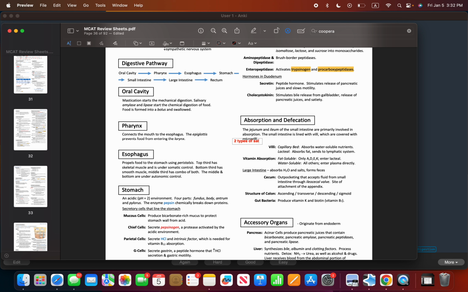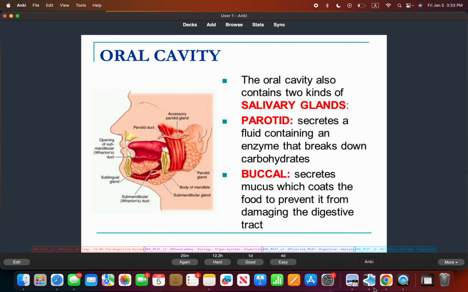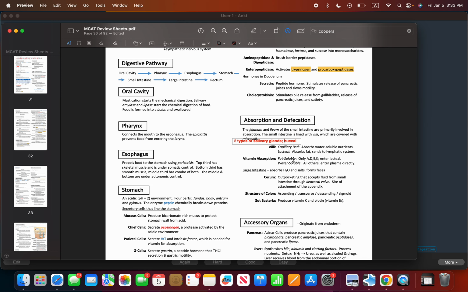Two types of salivary glands: buccal, and what was the first one? Parotid, and buccal.